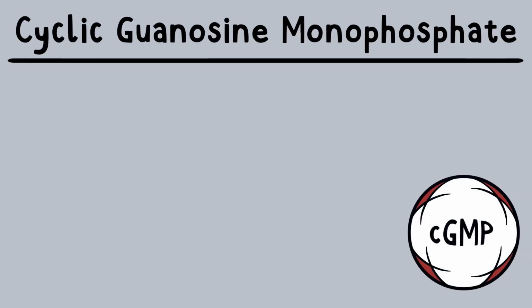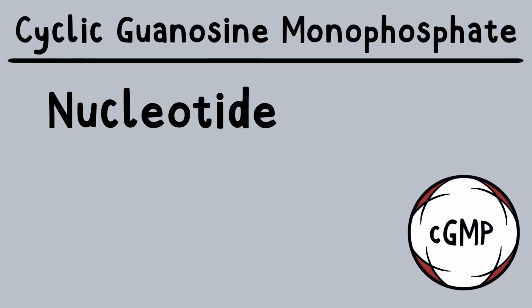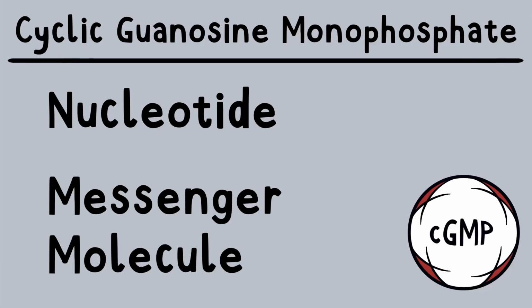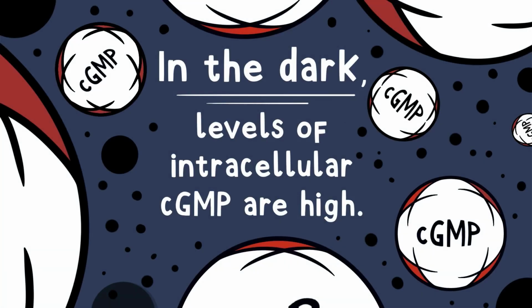Okay, a quick aside. Cyclic GMP is a nucleotide that lives in the cytoplasm of virtually all human cells. It primarily functions as a messenger molecule to relay signals in many transduction pathways, like the phototransduction pathway. In the dark, that is, before light enters the photoreceptor and splits rhodopsin, levels of cyclic GMP are high.